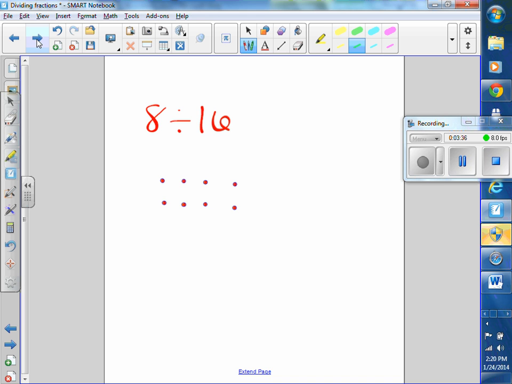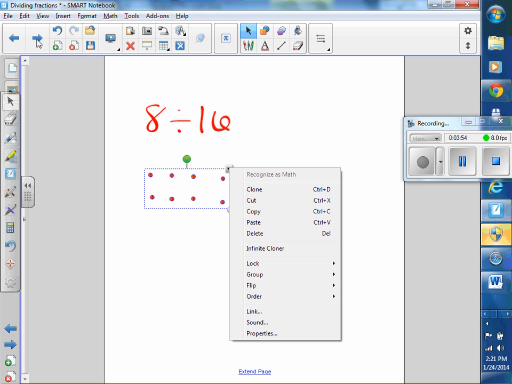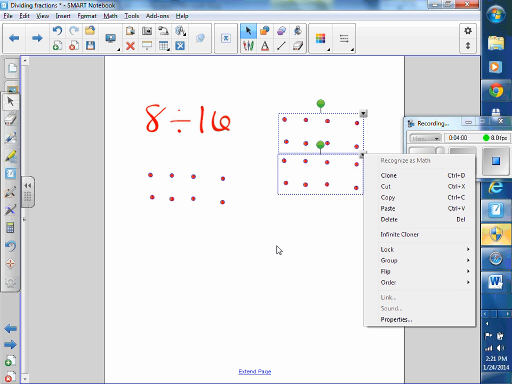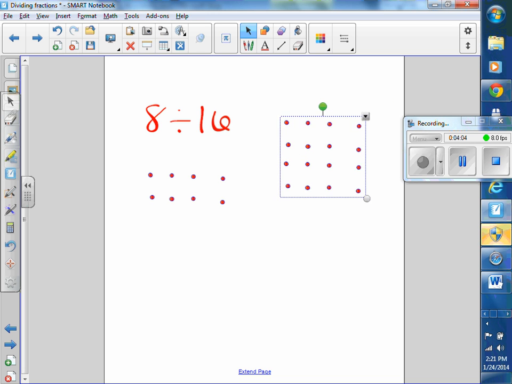What does that mean? 8 divided by 16. Yeah, but what does it mean? It means how many 16s can you fit into 8? How many sets of 16 are in one set? How many of these are in this?